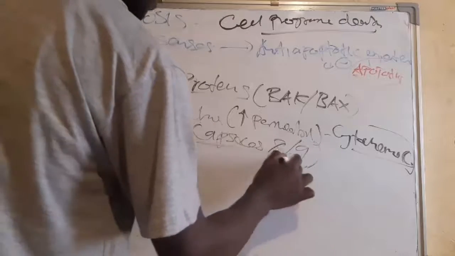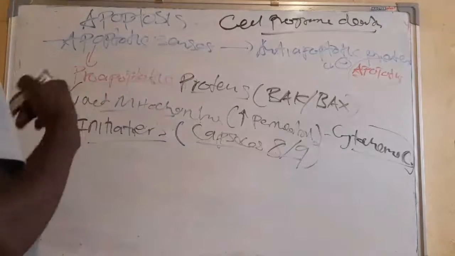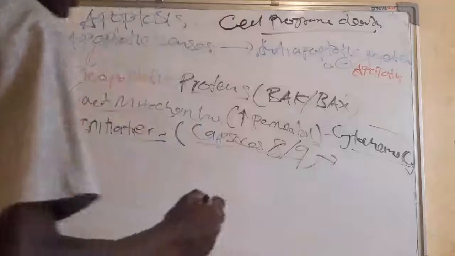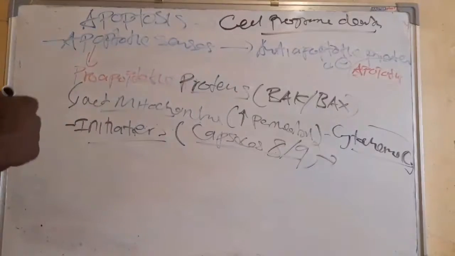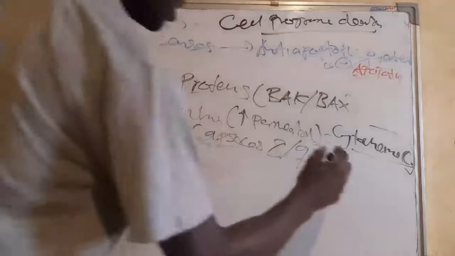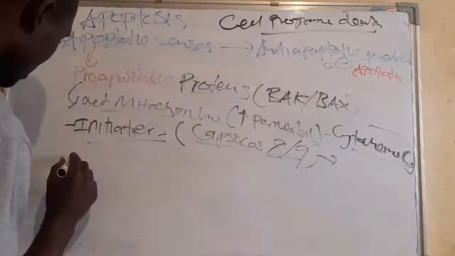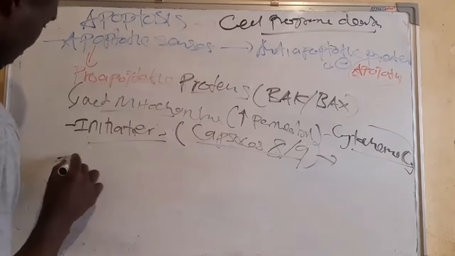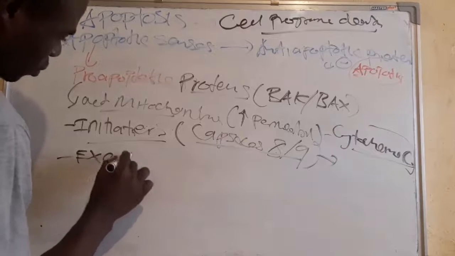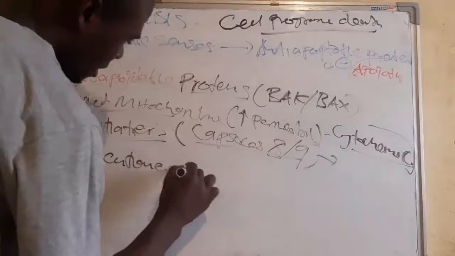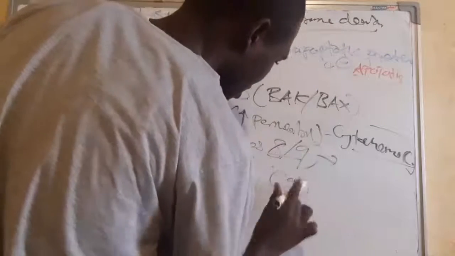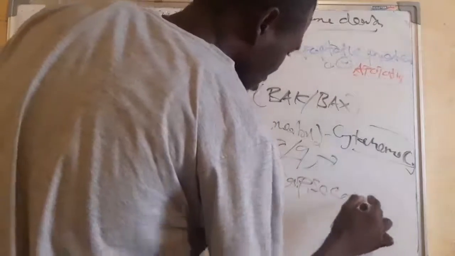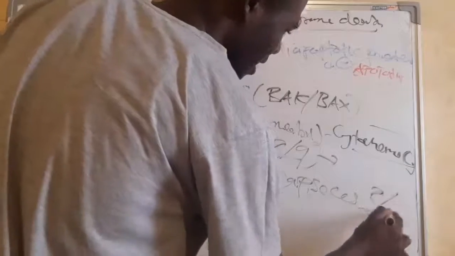When these caspases are activated, they in turn activate the executioner enzymes. What are these enzymes? They are also caspases, caspases 3 and 6.